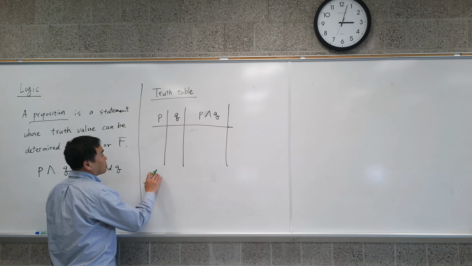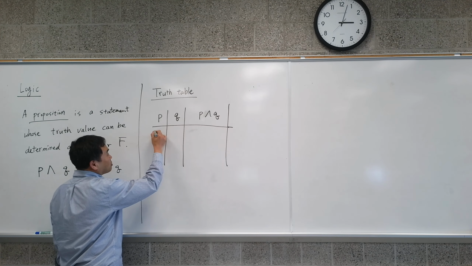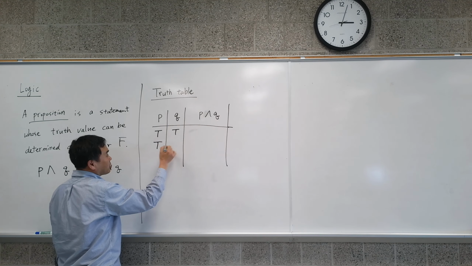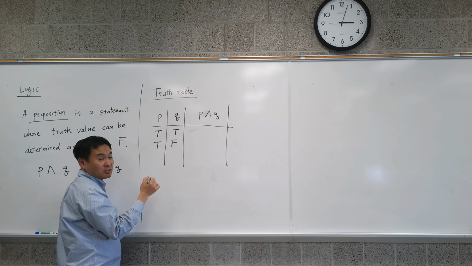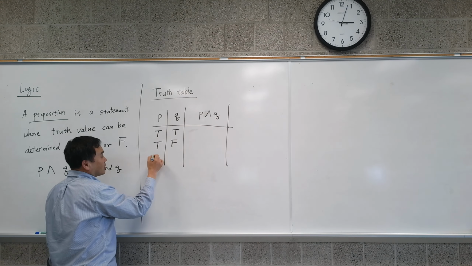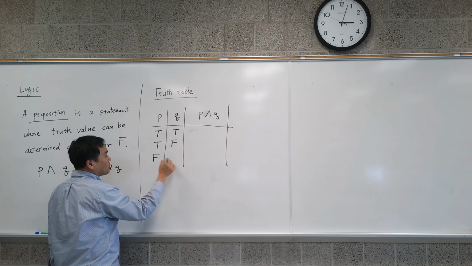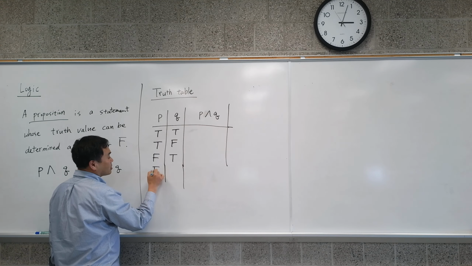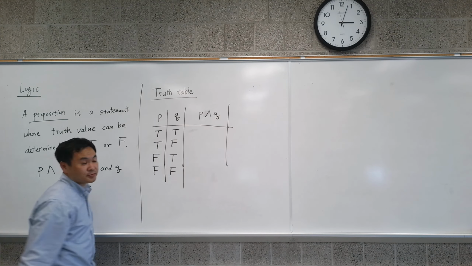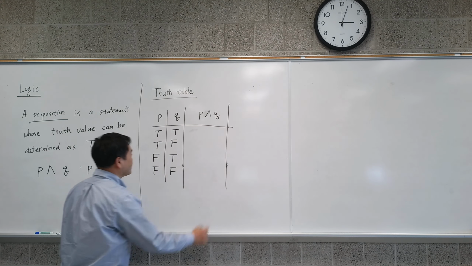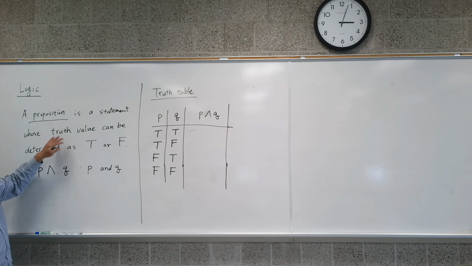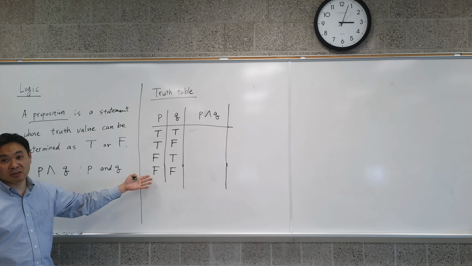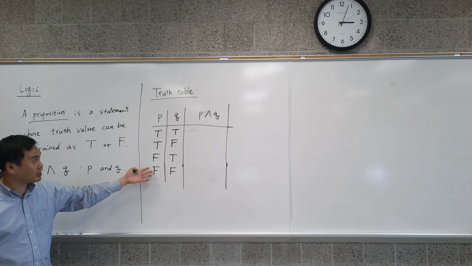All right, so what could happen? Well, it could be that both P and Q are true. It could also be that P is true while Q is a false proposition. And it could be that P is false and Q is true. And then it could be that they're both false. Because propositions are either T or F, there's no other possibility. These are all the possible ways that you could have P and Q.